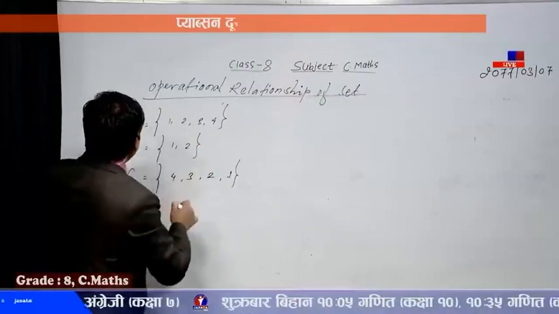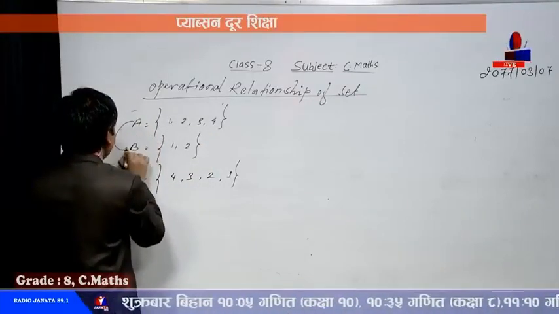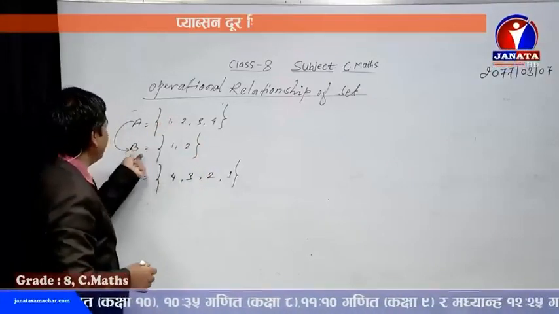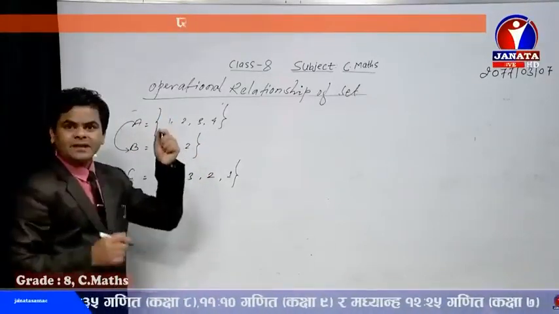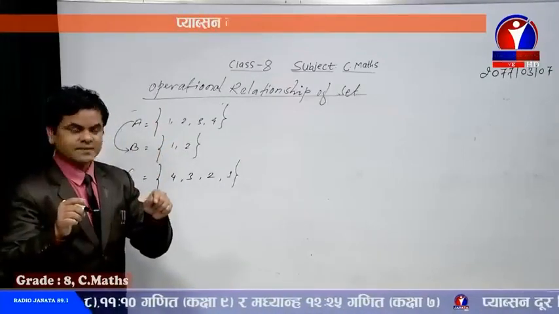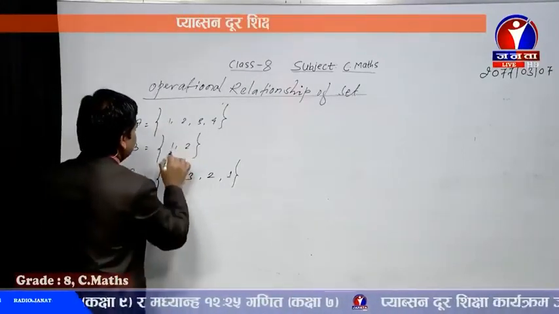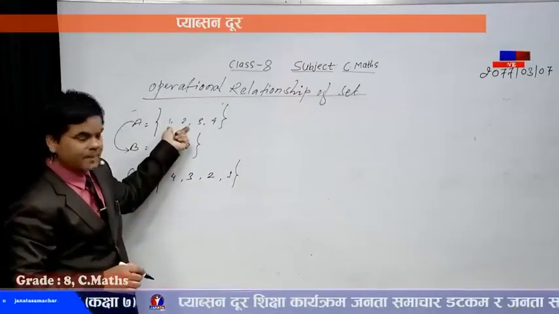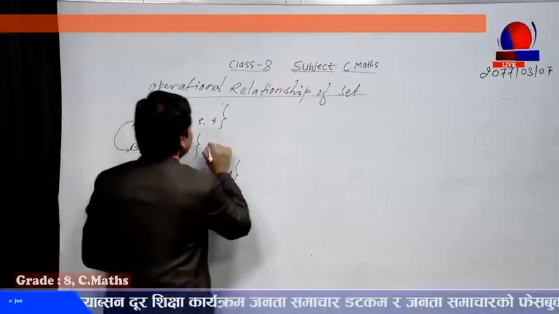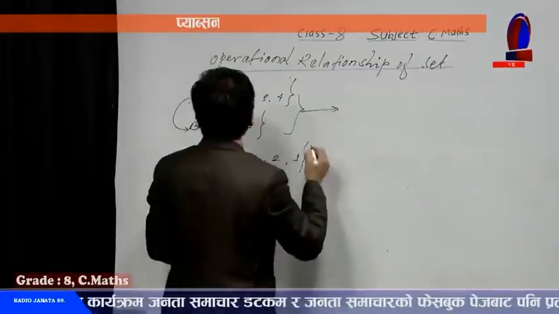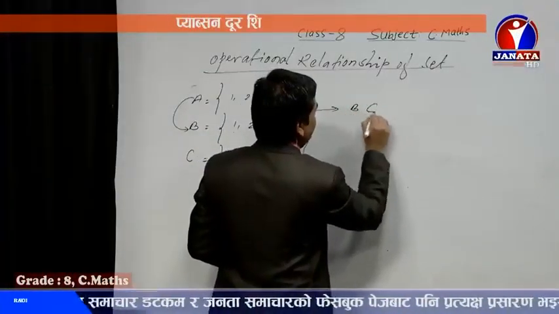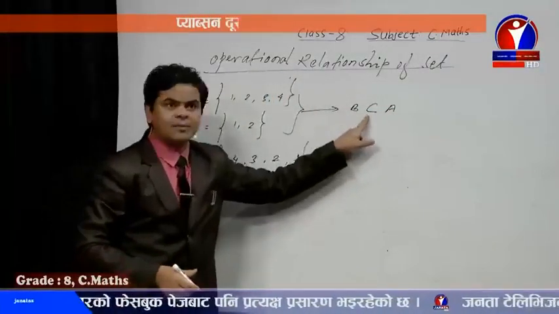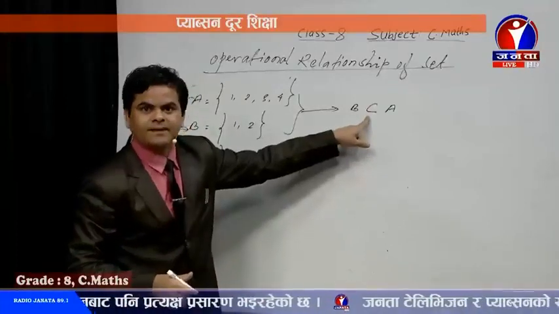If you compare A with B, if you compare the relationship between A and B, they have a proper subset relation, because both the elements which are in B are included in set A. So we can write the relationship between these two sets as B is the proper subset of A. This is the symbol of proper subset.